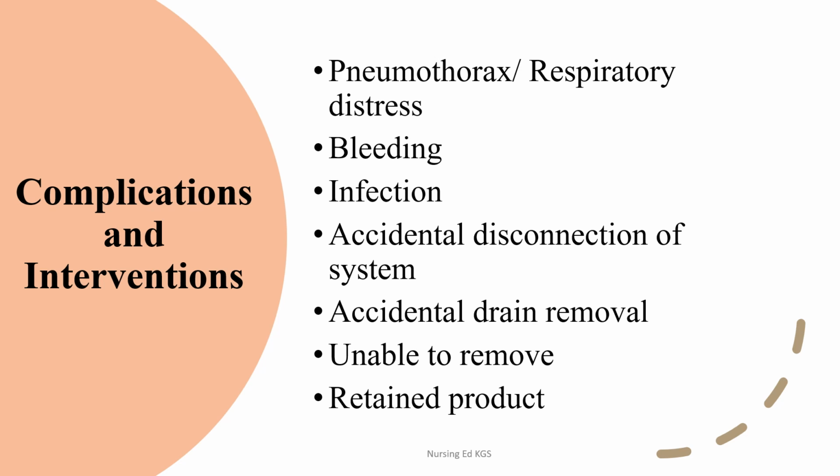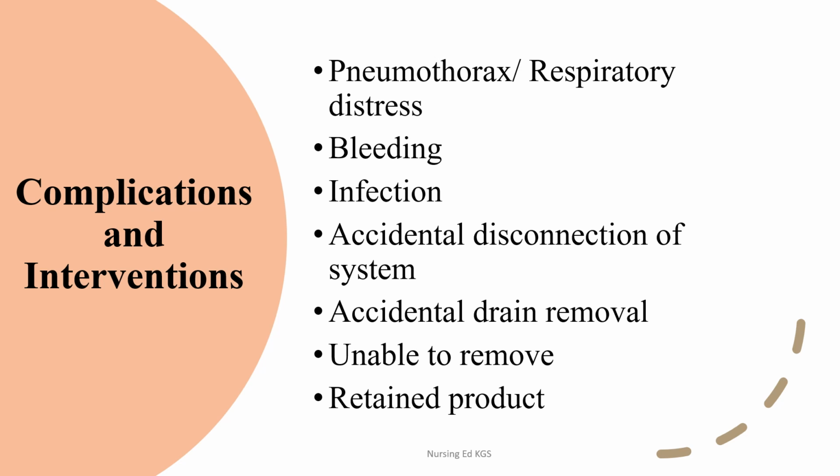And the other point is that if there's any persistent bleeding at that insertion site, it could mean that that chest tube was initially inserted against a vein or an artery, which is very important that the physician will keep in mind if it is that they need to remove it.